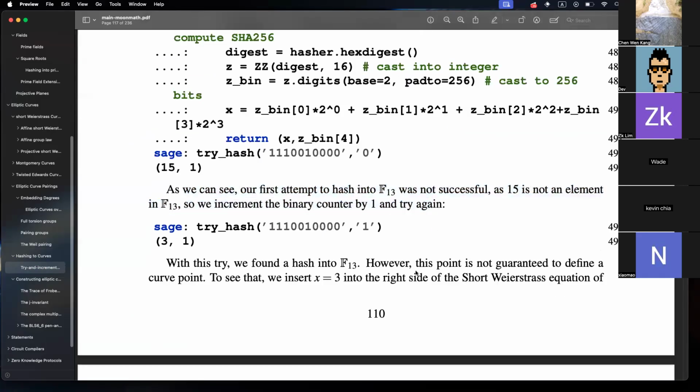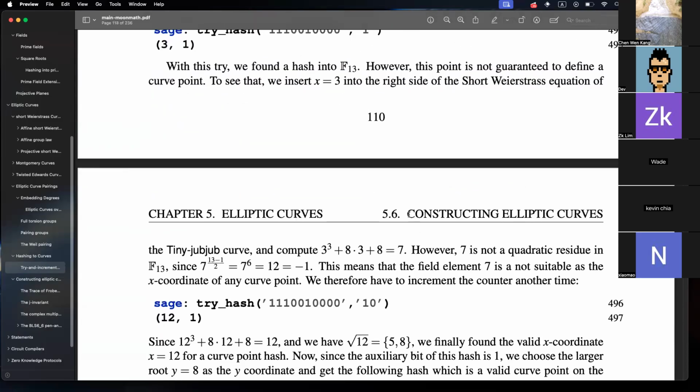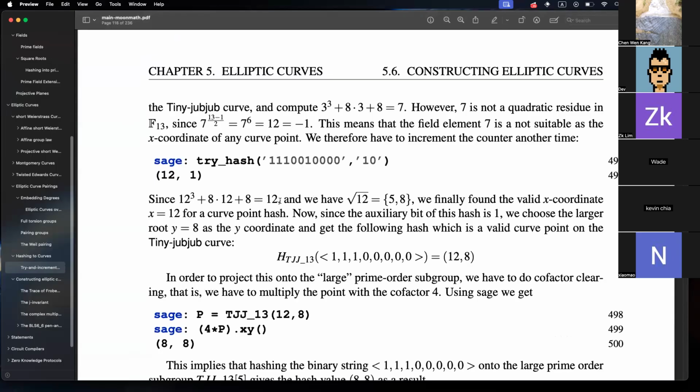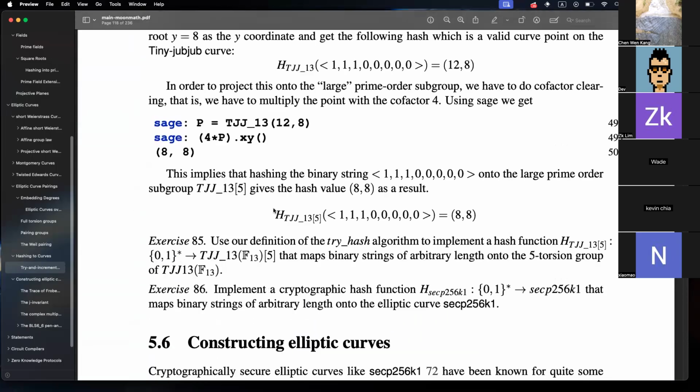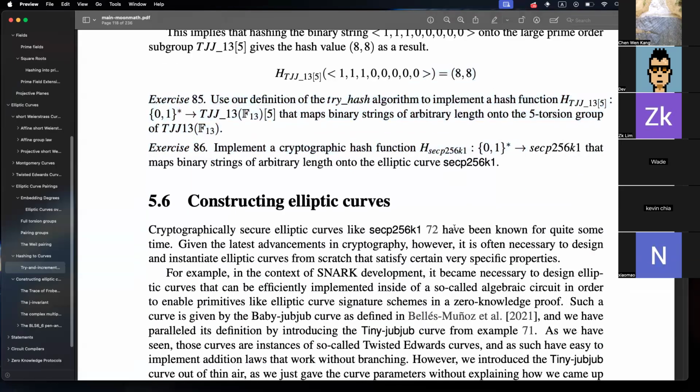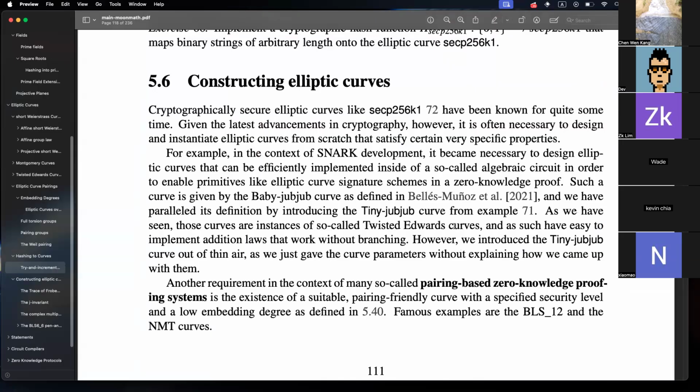So you just keep doing it, checking against the short Weierstrass equation, and it keeps incrementing until it gets a correct point. That's why it's try and increment. You can also try to implement this and submit the PR, right?